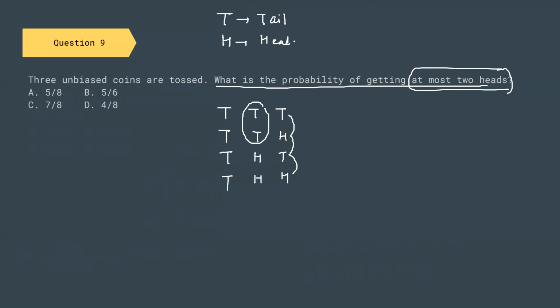There will be total 8 combinations. How? Every coin has two faces, so 2 into 2 into 2. So total 8 combinations. We have written 4 combinations here.